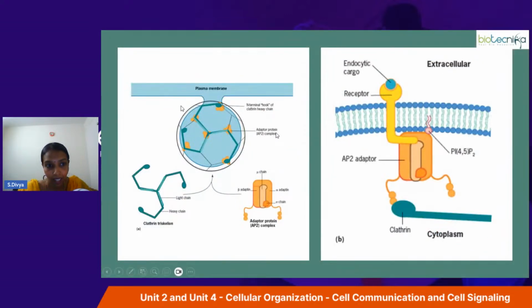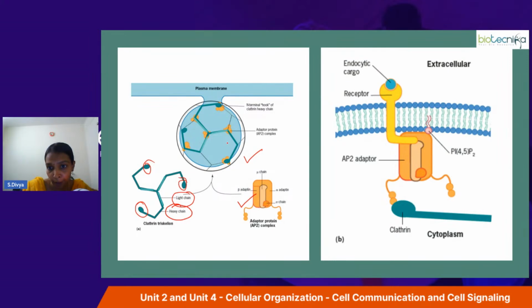Now, this is a Clathrin triskelion. So basically, why do you call it a triskelion? Because it has 3 heavy chains, 3 light chains with 3 globular heads. That is for attachment. Here you have the adapter proteins. Adapter proteins have different subunits. These two combine together forming a lattice. And how are they forming a lattice?